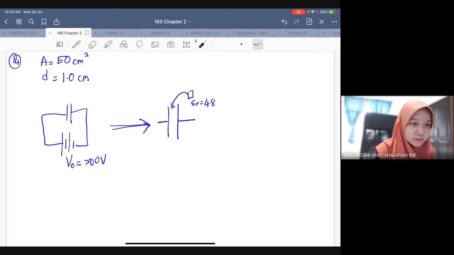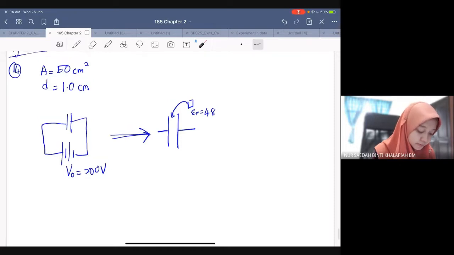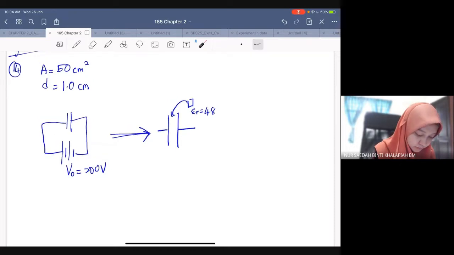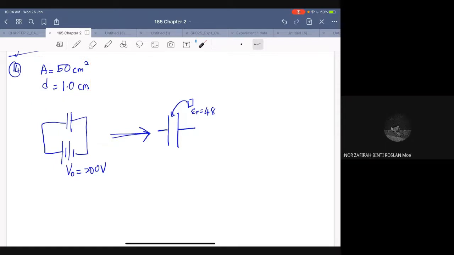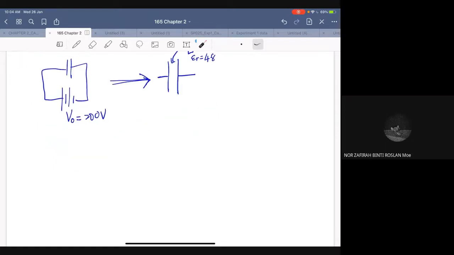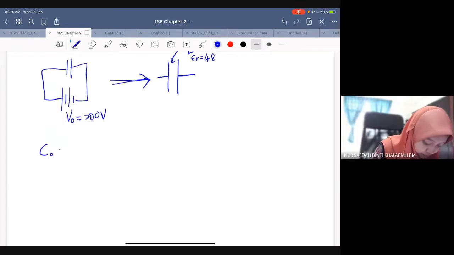Cepat korang. Apa formulanya? Kan madam kata kita ada area, ada distance. C naught sama dengan epsilon naught A over d ke madam? Aha, so C naught equals epsilon naught A over d.